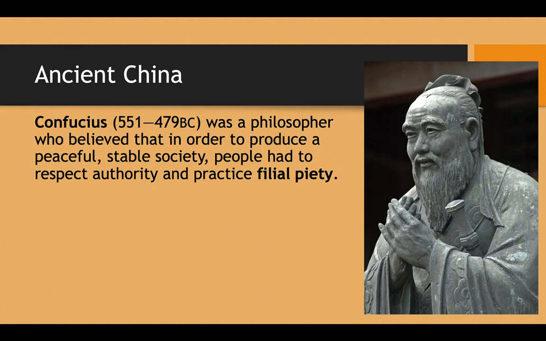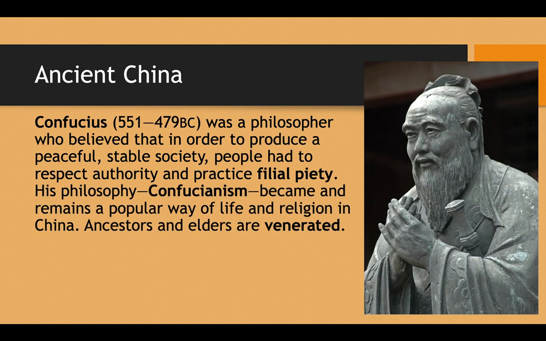Filial piety means being a good member of your family. So if you're a child, filial piety means obeying your parents no matter what. And if you are a mother or a father, filial piety means caring for your children, protecting them, putting them before you, no matter what.